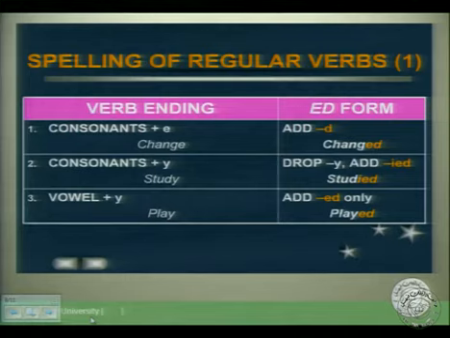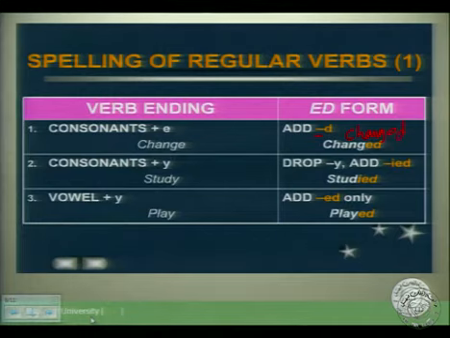Here are some spelling rules. If you study these from the slides or from the book: when you have a consonant and then e, we add just d, like changed, because the verb originally is change, so we just add d.